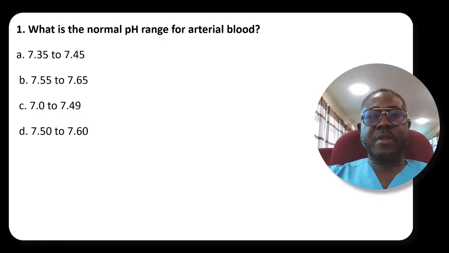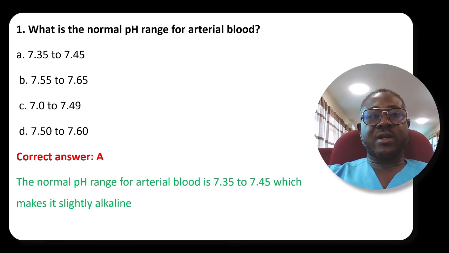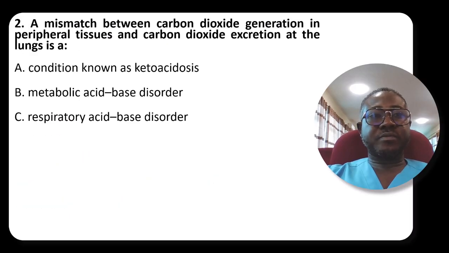This is so simple. What is your answer? The answer is A. We said that the pH of arterial blood is 7.35 to 7.45, and that means that the blood in our system is slightly alkaline. Right, so let's move on to question number 2.